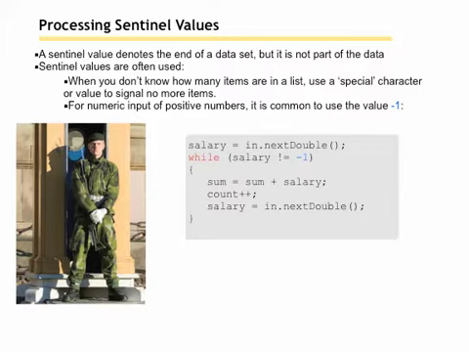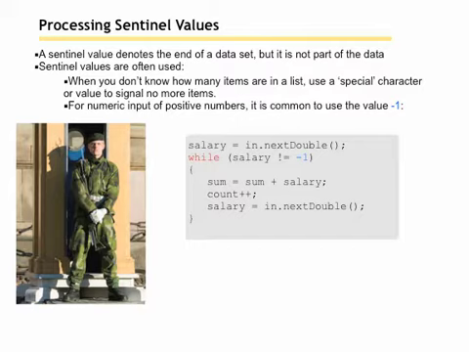So, processing sentinel values. A sentinel value can denote the end of a set of data, but it is not part of the data itself. For example, if we want to keep getting salary entered from the user until some certain condition happens, such as the user enters -1.